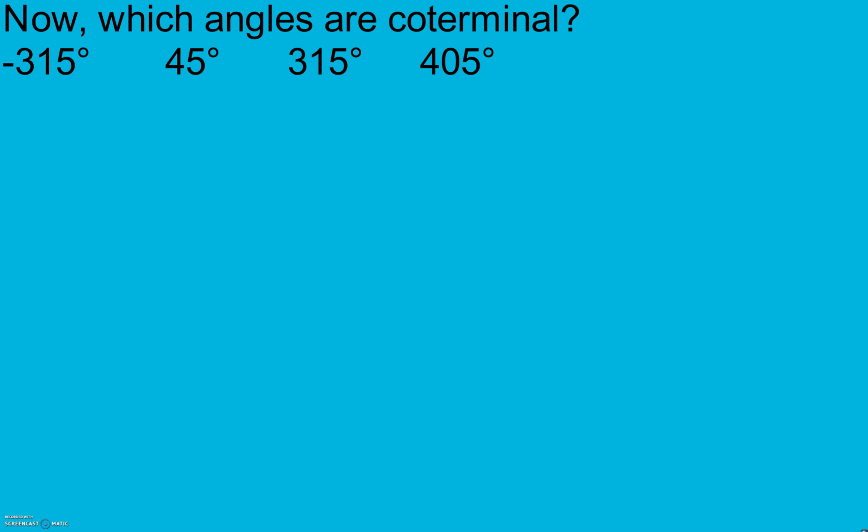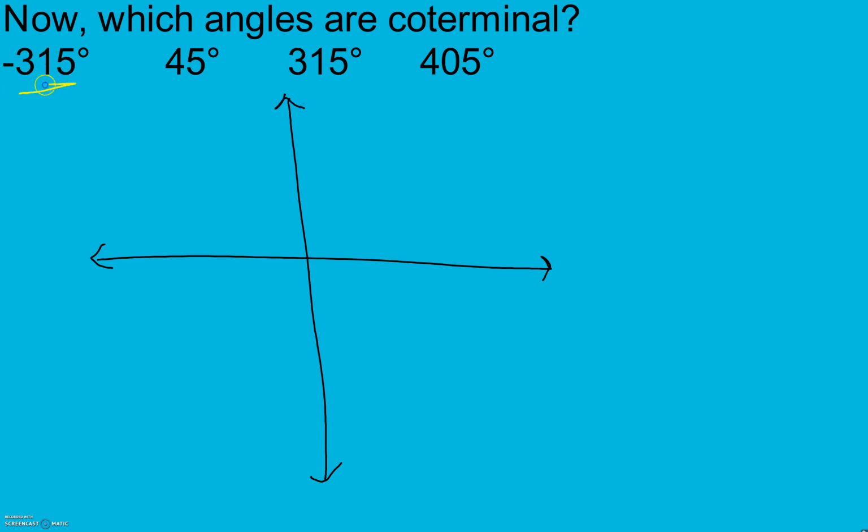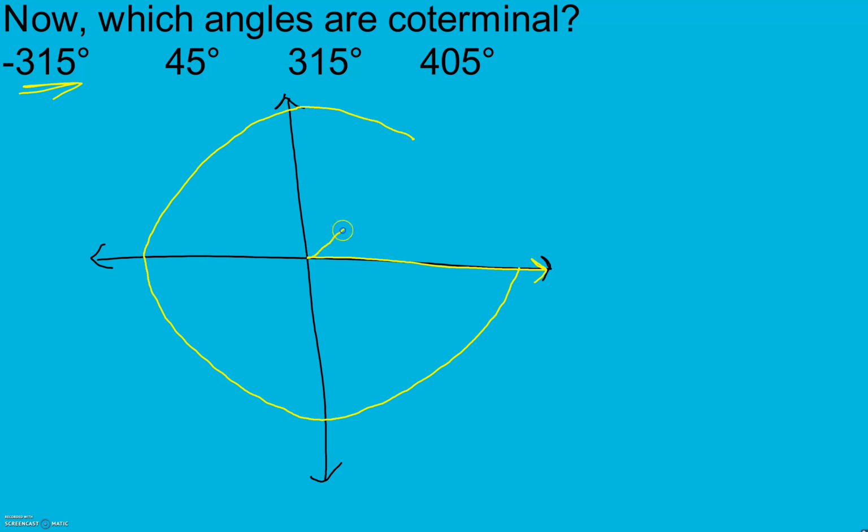Which angles are coterminal here? So, negative 315, initial side, negative, so I go negative 90, negative 180, negative 270, and an additional 45 degrees.